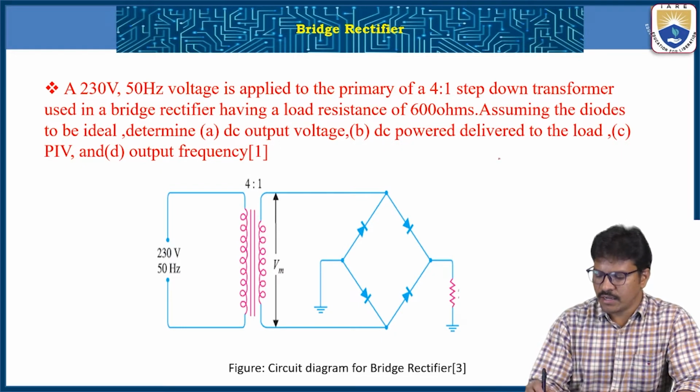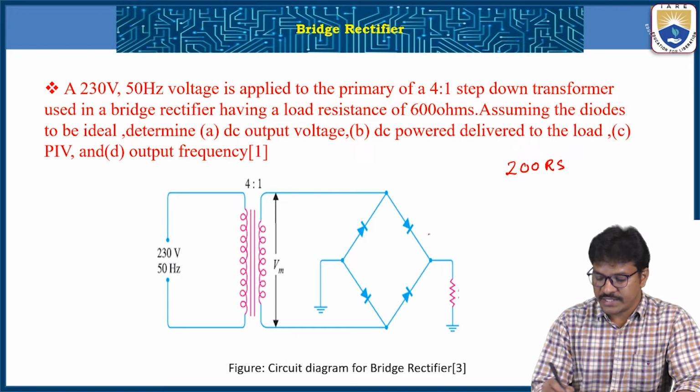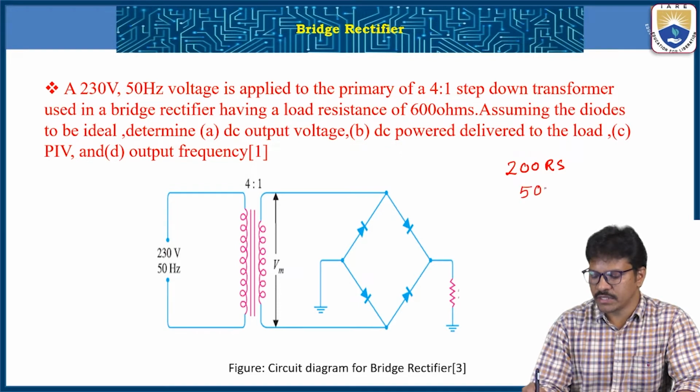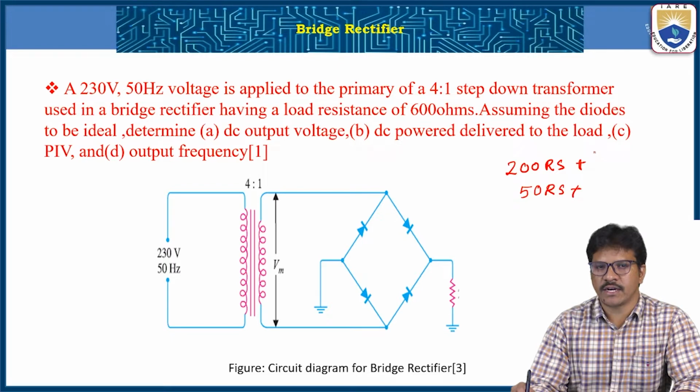Let us see that the full wave rectifier center tap transformer costs 200 rupees, for example. The bridge rectifier with a normal transformer costs 50 rupees. Plus, the full wave rectifier requires 2 diodes, each diode costing 5 rupees, nothing but 10 rupees.